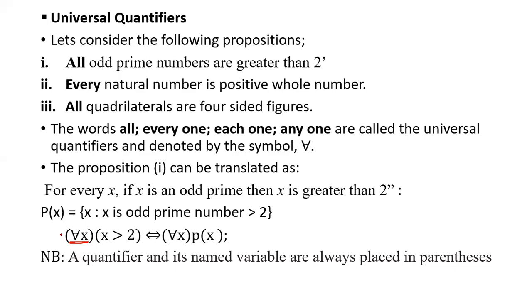So we can represent all x for all prime numbers by that symbol, and we call this one the universal quantifier. That means all x, or for every x, or each x, or any x, and so on and so forth. They all mean the same thing.